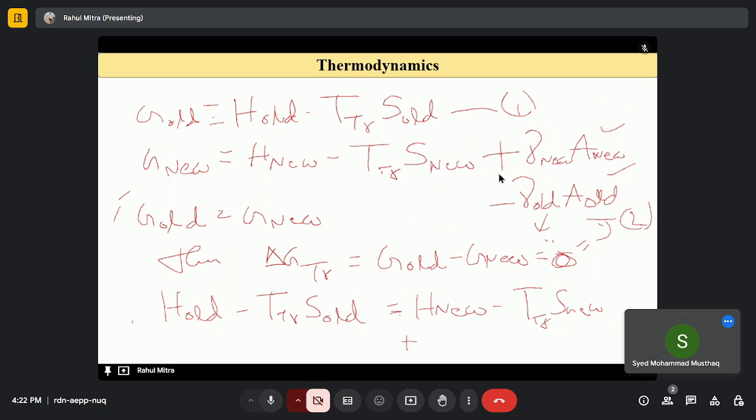Then plus A mu gamma mu plus A old gamma old. Now this is not a minus, so it should be the minus sign. Okay, there should be the minus sign.